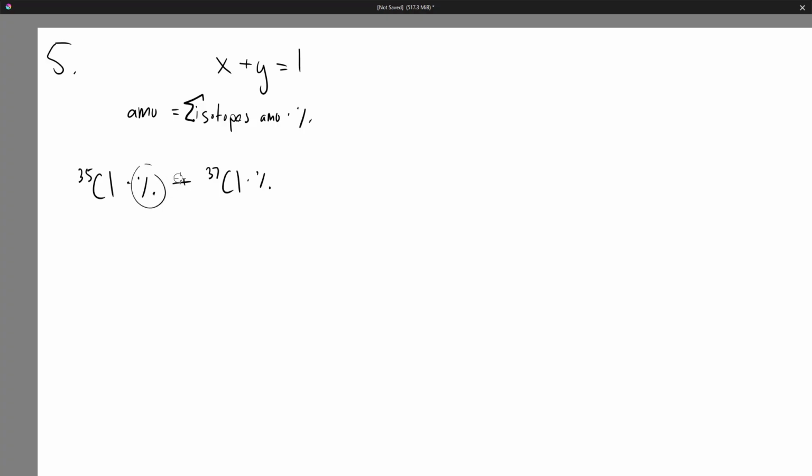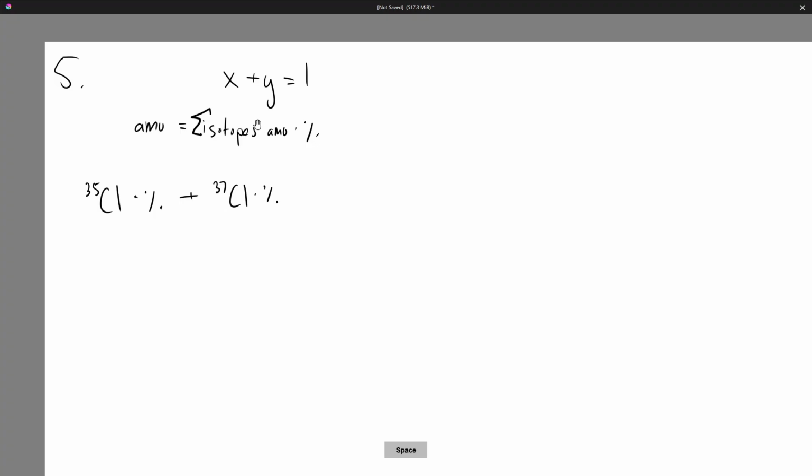If you look at these two percentages, they add up to 1, which means we use this equation to add them up to 1. So instead of treating them as percentages, we treat them as variables now. Whichever one you choose doesn't matter, but I'll do percent abundance for 35 as x, the percent abundance for 37 as y.